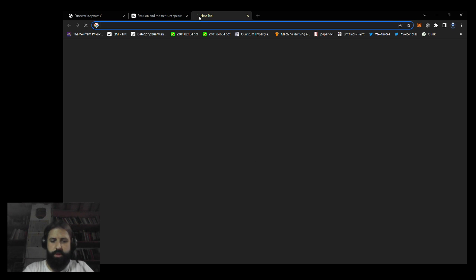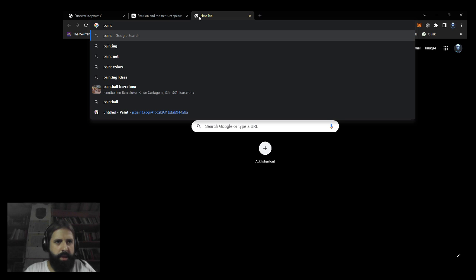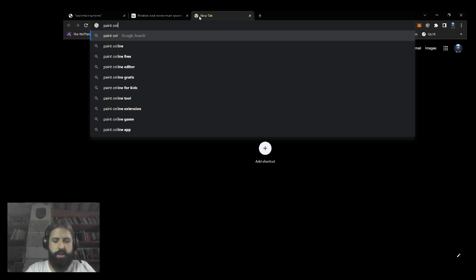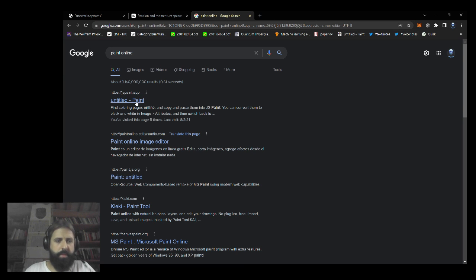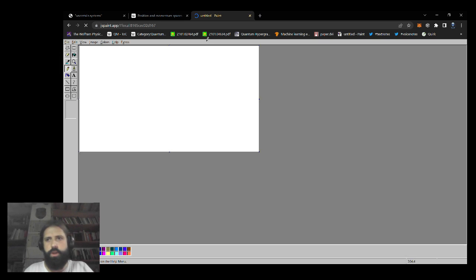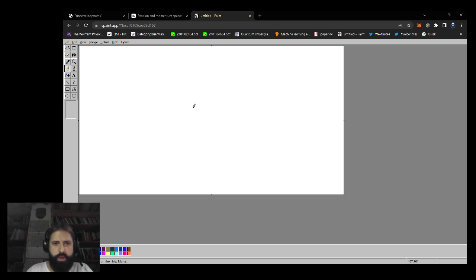Let's try to open a paint thing, right? Paint online. There you go. Let's imagine this is my basis, and I have this vector in here. Maybe I'll change color to something red. So I have this vector here.